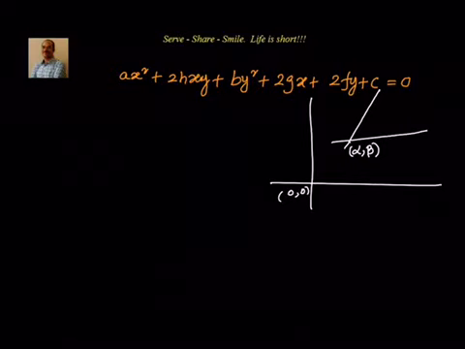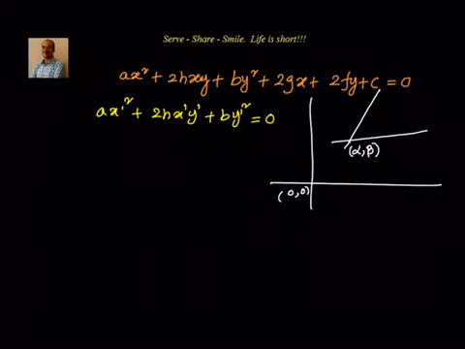Now the logic goes like this. We will try to translate the origin from (0, 0) to the point (alpha, beta), because once we transform to (alpha, beta), we know our equation format should be a(x')² + 2hx'y' + b(y')² = 0.